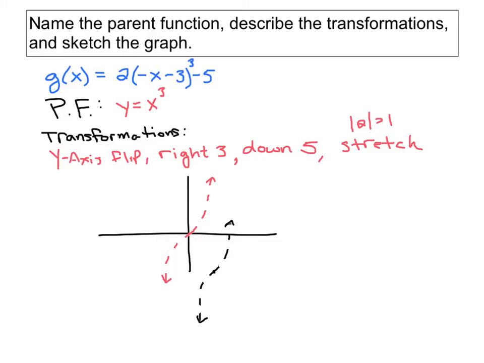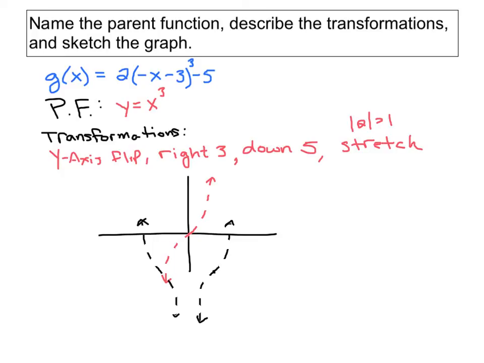Then we'll have a y-axis flip. So it's going to flip about the y-axis. Everything over here is going to flip over to here. A mirrored image. So it's going to look something like this. I'm not done yet, so I'm going to dot it.